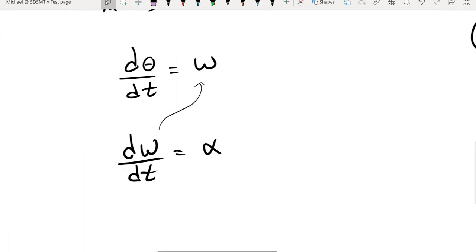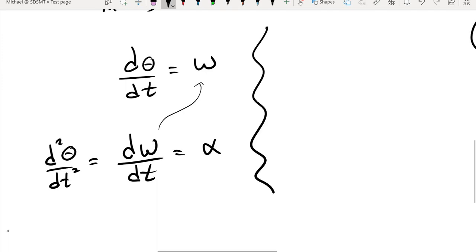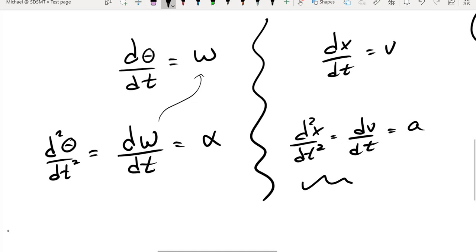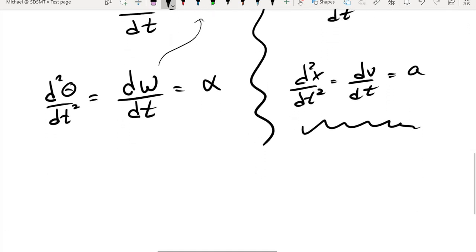And so that means we could also represent alpha as the second derivative of angular position with respect to time. These are pretty much identical to the expressions that we had back at the beginning of the semester when we were defining regular displacement, velocity, and acceleration. And it was these equations that we used to derive the 5 kinematic equations.